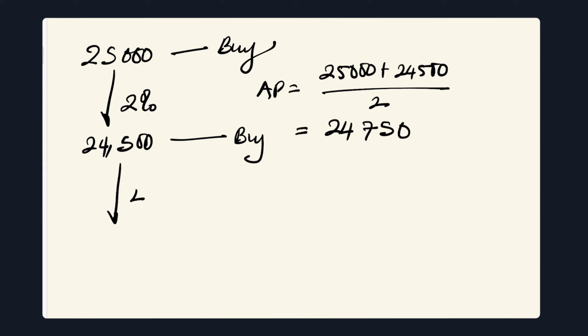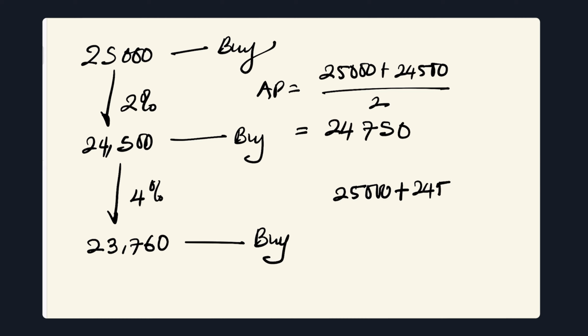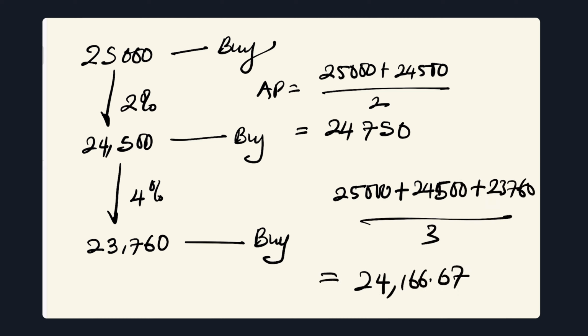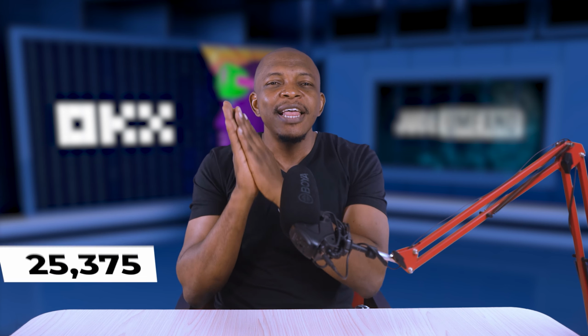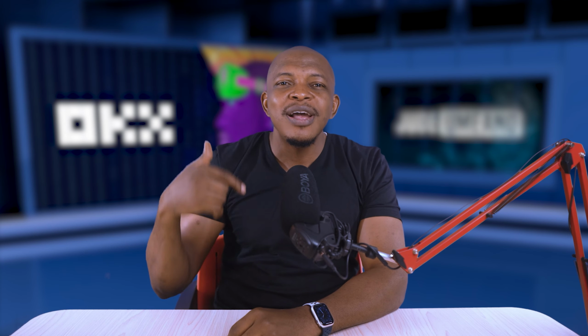If the price drops an additional 4% to $23,760, the bot will buy another contract, bringing the average entry price of the three contracts to $24,166.67. Now, if the price of BTC bounces back to your 5% take profit, which is $25,375, the martingale will sell the three contracts for a profit, then start a new cycle.